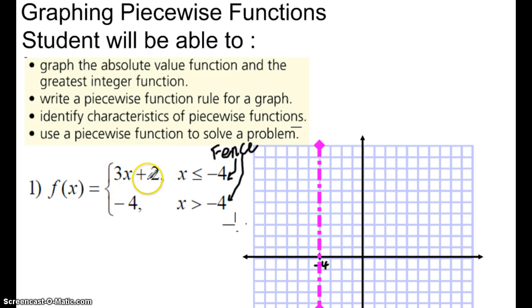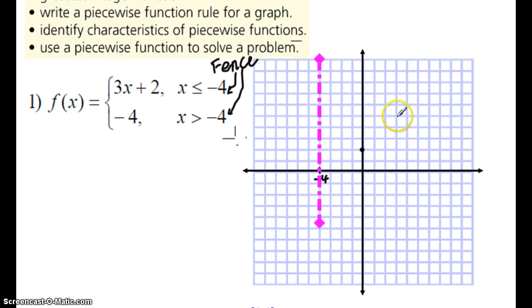Now, as you know, this is your y-intercept, so I'm just going to put a temporary y-intercept right here. And then from there, do what the slope tells us to do. We're going to go down 3, 1, 2, 3, over 1. Down 3, over 1.